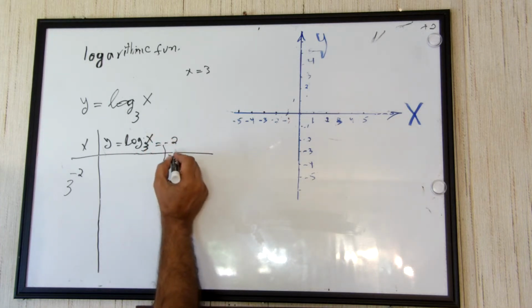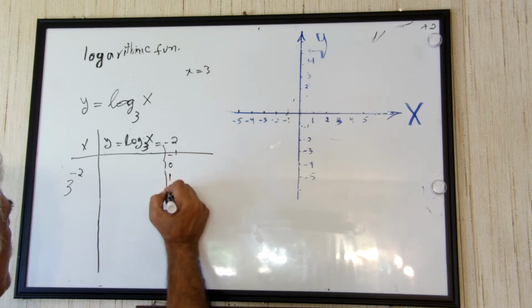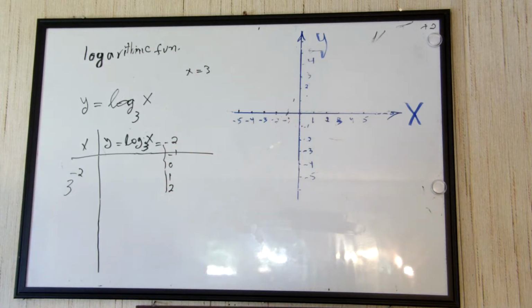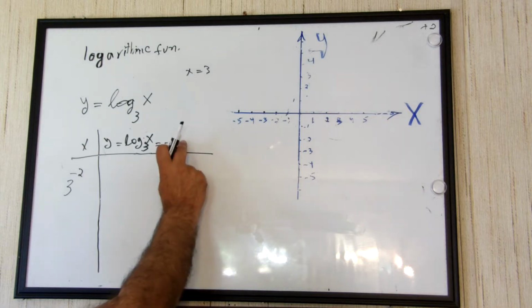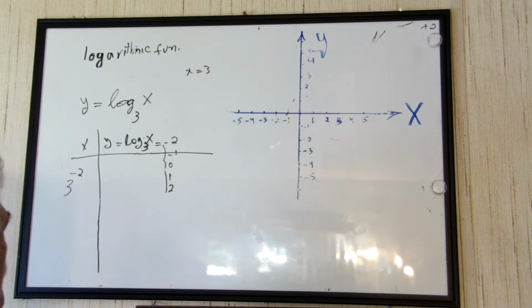The second time we say minus 1, then 0, 1, 2. We choose integers starting from minus 2 up to plus 2.